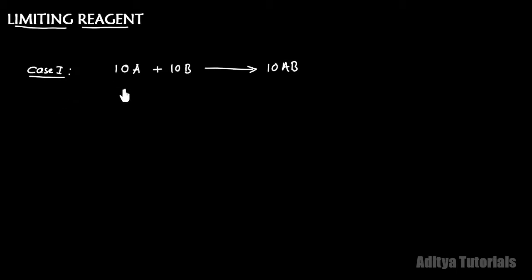Before the completion of the reaction, we have some data here. Initial: A having 10, B having 10, and the product is 0 because the reaction has not started. After the completion of the reaction, that is final, we have 0, 0, and here it is 10 because the reaction is completed.